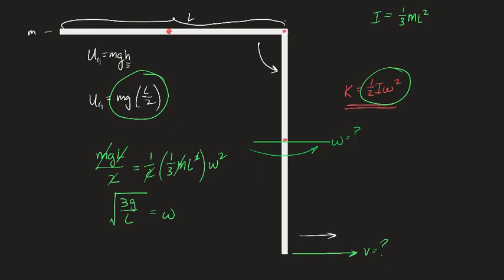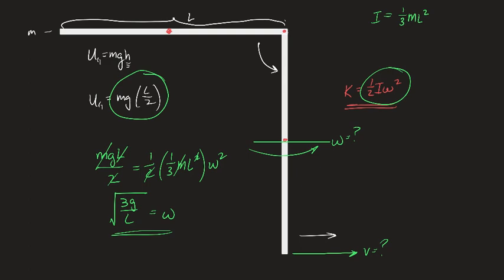But we still have this other problem that you guys tend to not fully appreciate or understand, and that is the entire meter stick or the entire rod has this angular speed when it makes it to the bottom. But I asked how fast the bottom of the meter stick is traveling, or how fast the bottom of the rod is traveling, which means you have to do another step.